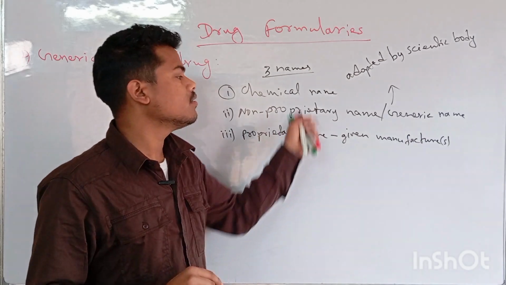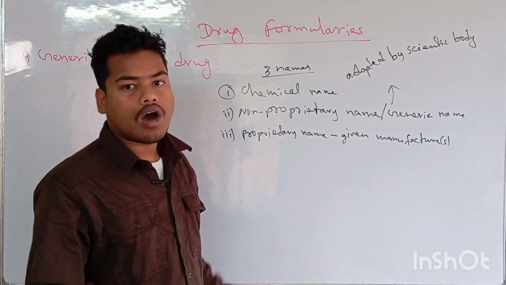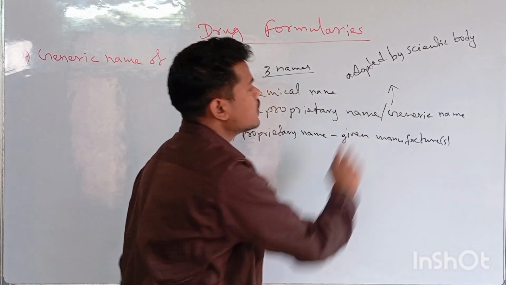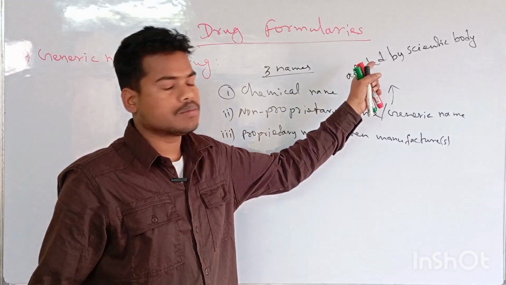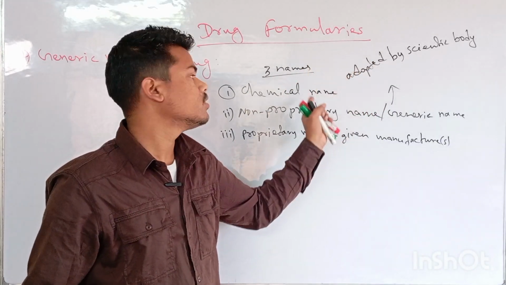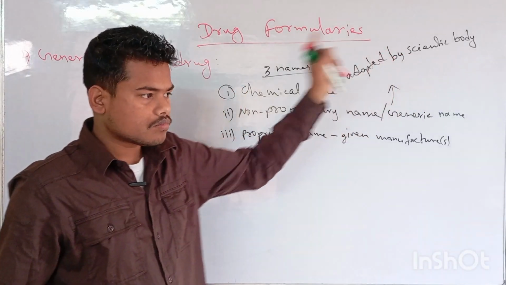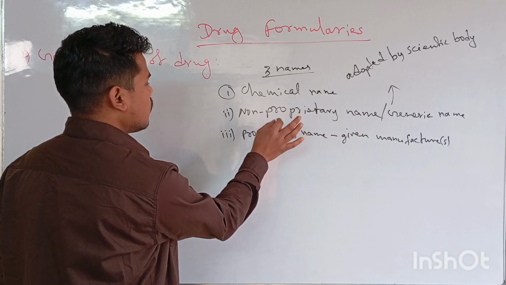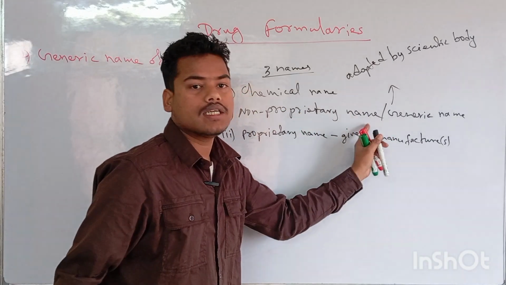So there is much debate in that case. However, most of the time the non proprietary or generic name is preferred while prescribing a drug, because these are adopted by the scientific body. So what we should write here in generic name is this non proprietary name.